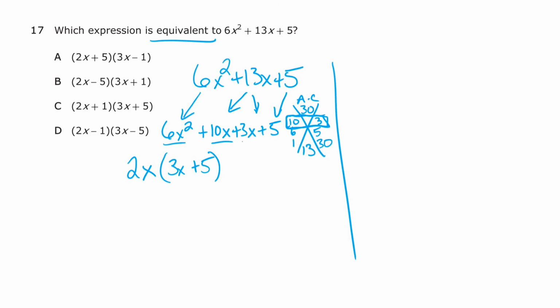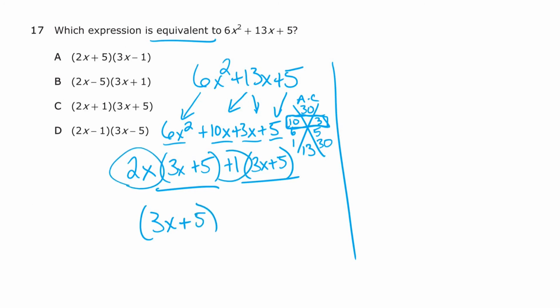The second one, 3x and 5, nothing can be factored out of that besides a 1, so we have a plus 1, and we're left with 3x plus 5. We see the repeating binomial. 3x plus 5 is one of them, and then our leftovers become the other binomial, 2x plus 1. And we see the correct answer would be C. The order of the binomials would not matter.